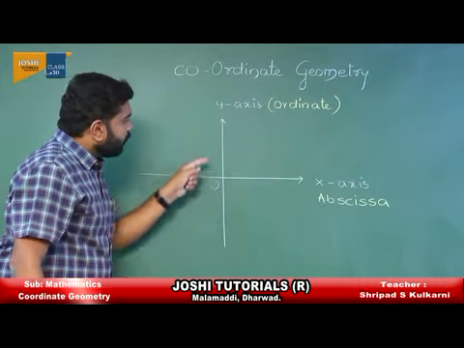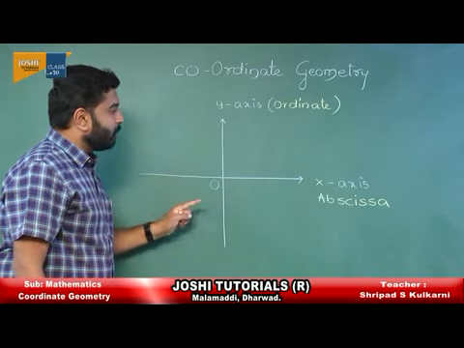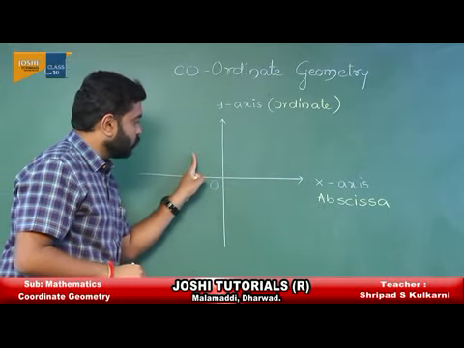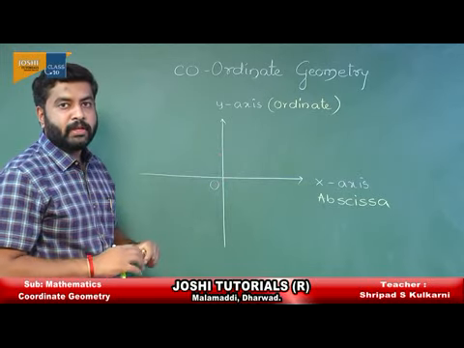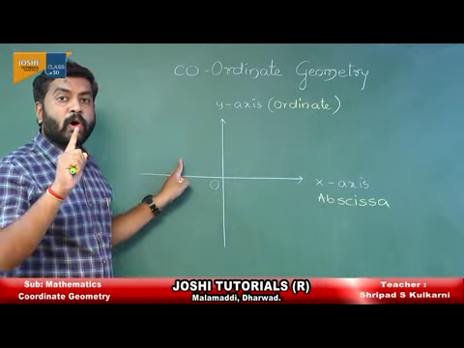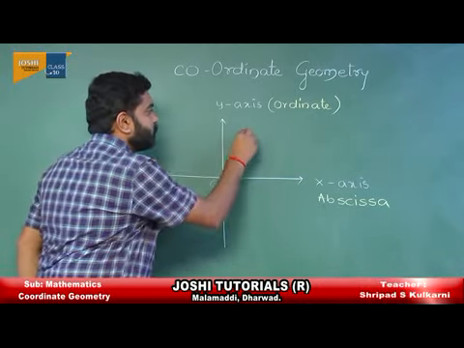Next, these two mutually perpendicular lines divide the given plane into four parts. 1, 2, 3, 4. It is going to divide an entire plane into four parts. Each part is called one quadrant. Already you have learned this. This is first quadrant.